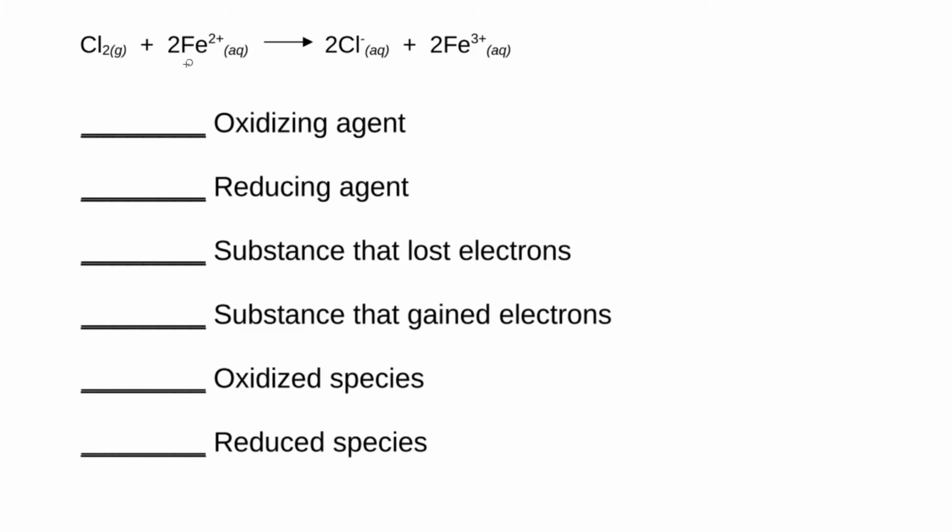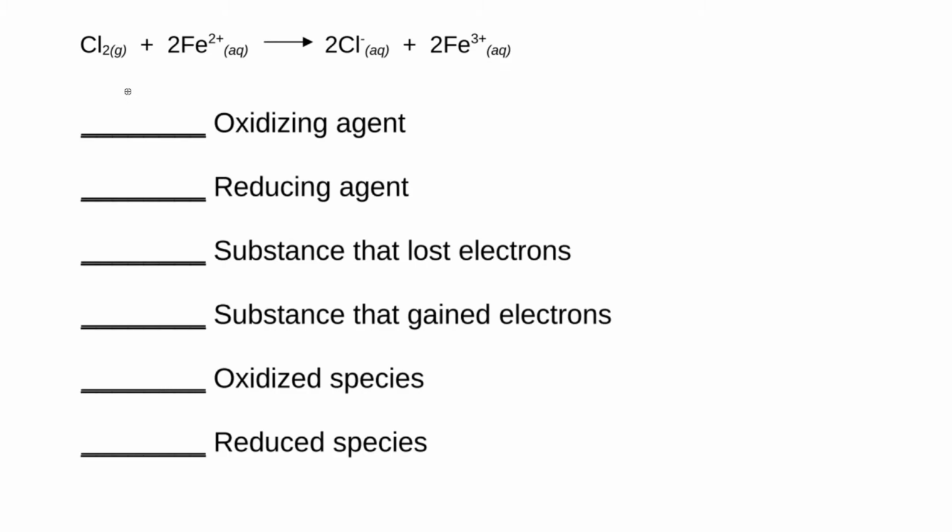So first of all, for these reagents, we have the oxidizing agent or oxidizer. It can be referred to as either. The oxidizing agent is the substance that takes the electron. It's the substance that allows oxidation to occur.